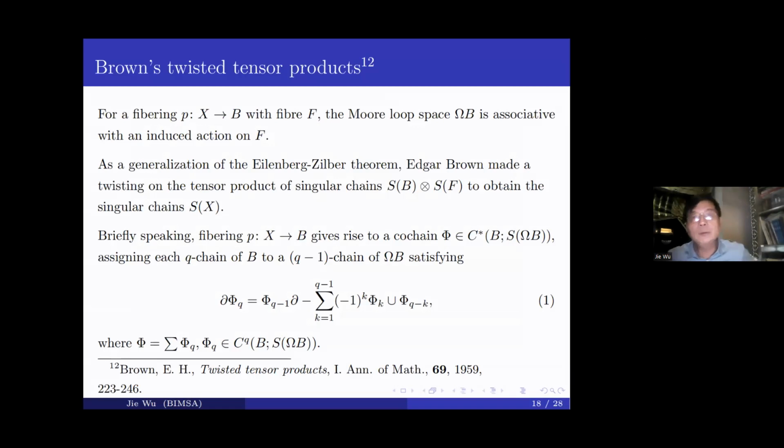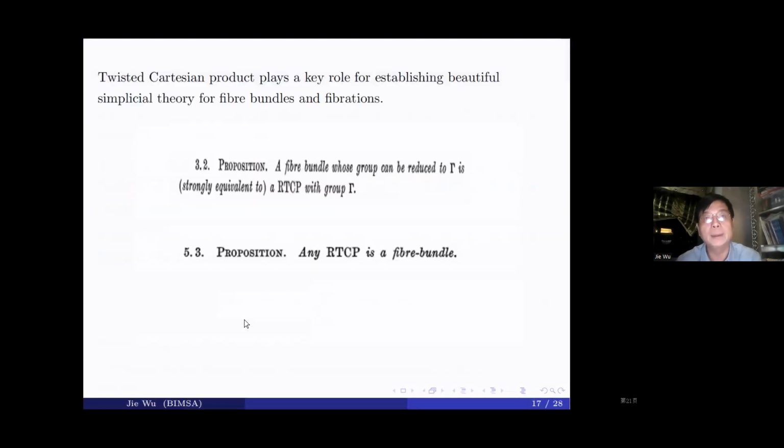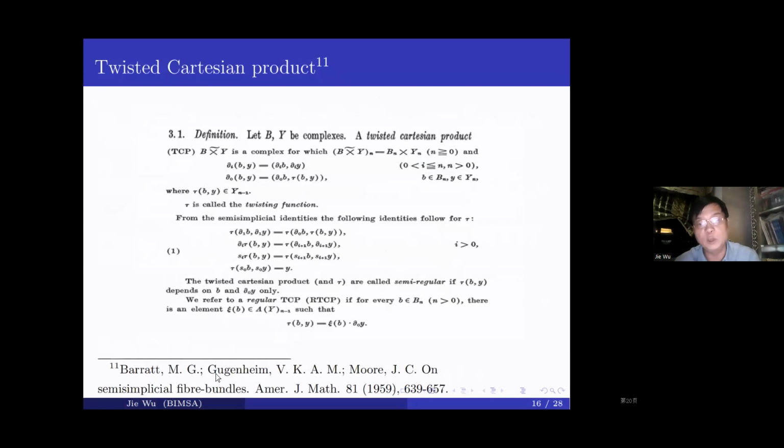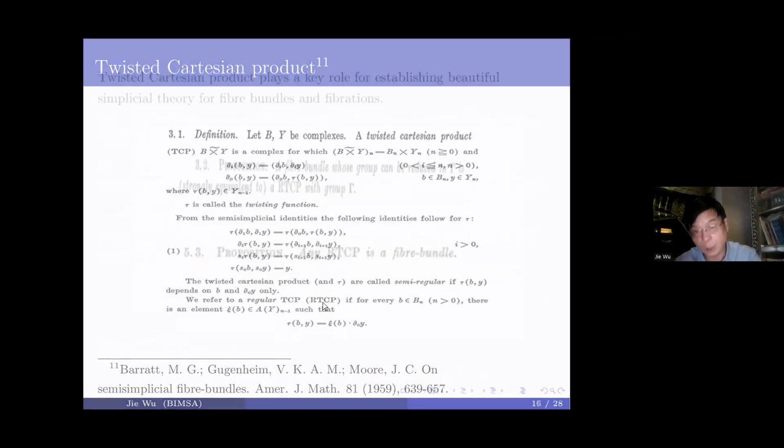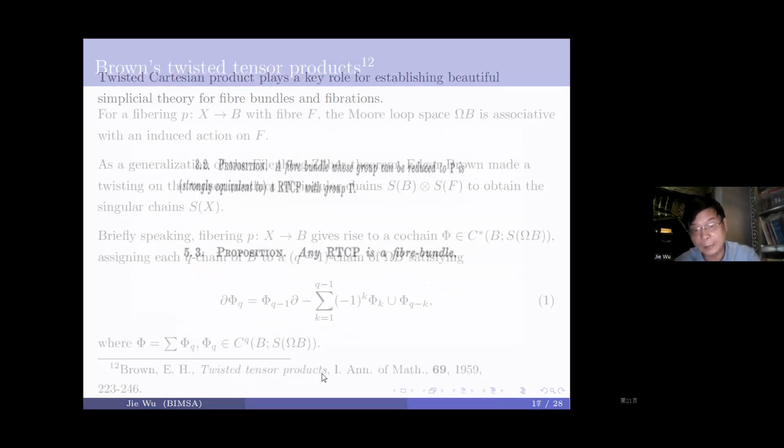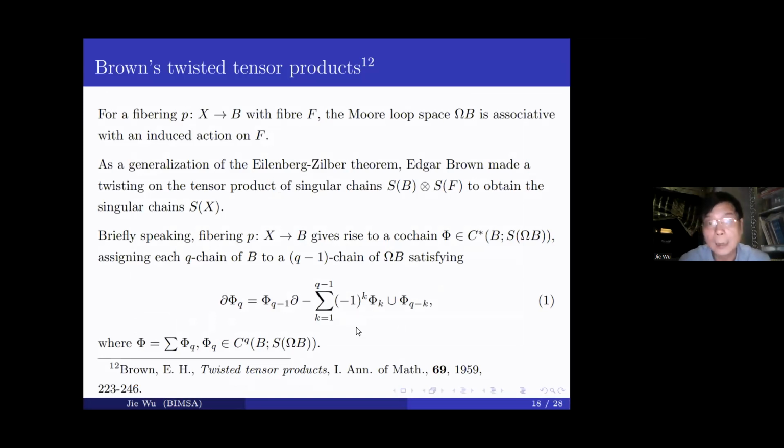As I mentioned, Brown's twisted tensor product is essentially the chain version of the previous one: the twisted Cartesian product by BGM is the space version, in simplicial form, and then there's a chain version, the so-called twisted tensor product, to understand fibrations. So again you play the game with fiber bundles in an even more general setting in homology theory.